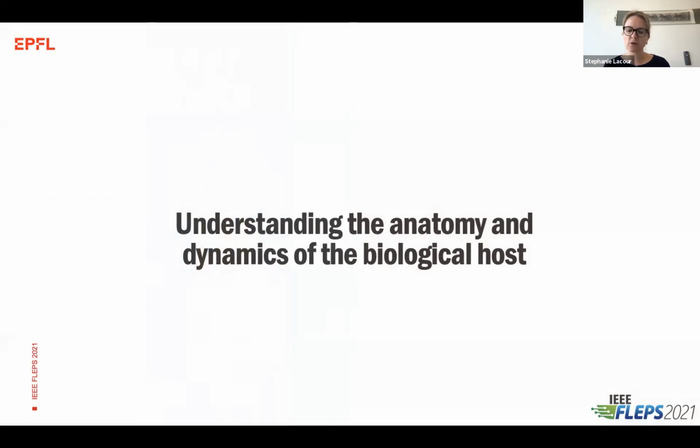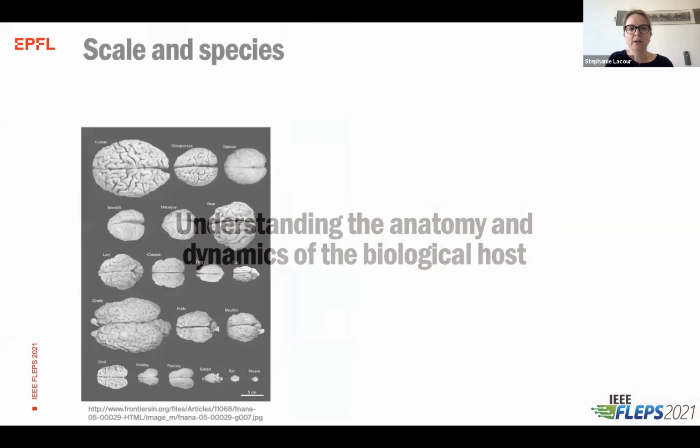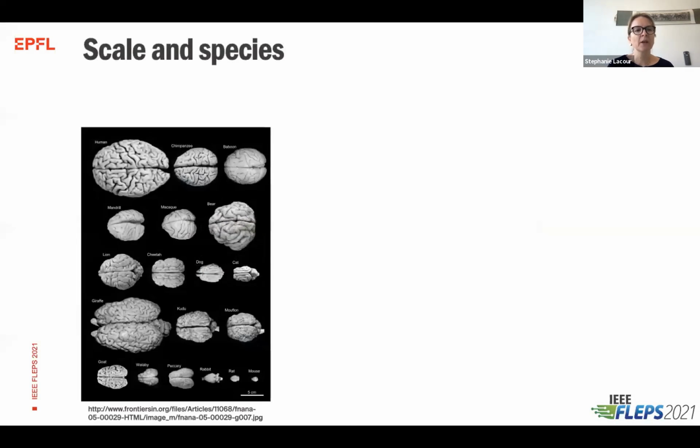design those soft BCIs. The starting point is really understanding the anatomy and the dynamics of the biological host. And with this, I'd like to share some views of how different the brain is across the mammal kingdoms.